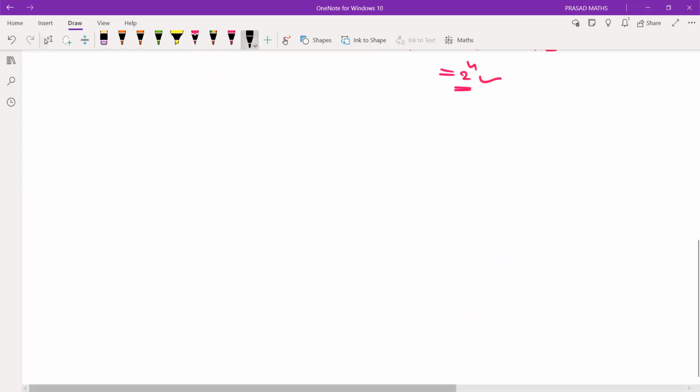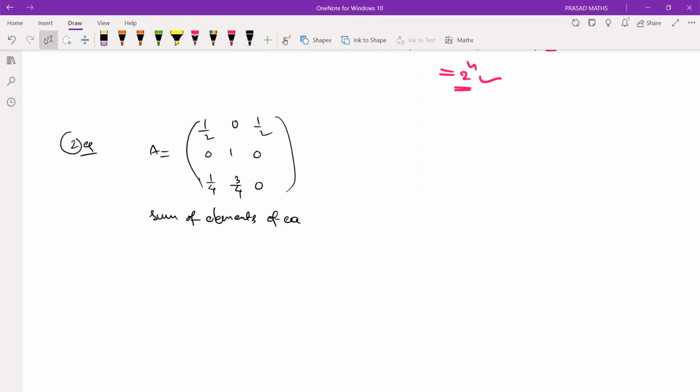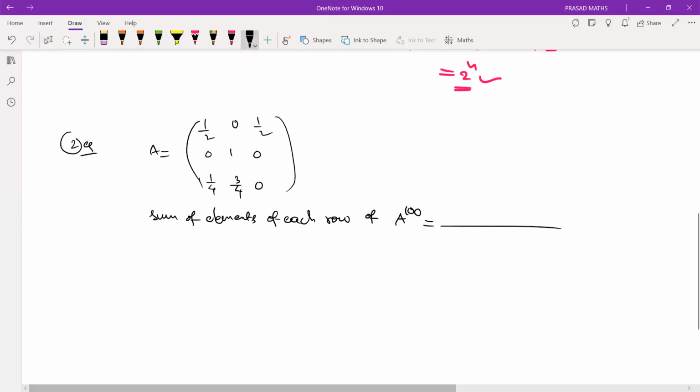Next question. Suppose you are given the matrix A equals 1 by 2, 0, 1 by 2, then 0, 1, 0, and then 1 by 4, 3 by 4, 0.